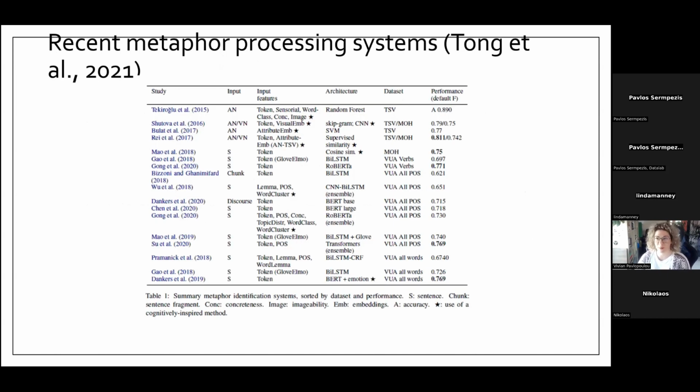This is a table of all the recent metaphor processing systems. I included it just so that you can see how many of these systems use the MIPVU dataset, okay, which means that we need a cognitive linguistic approach to how we construct our dataset in order to train a language model.